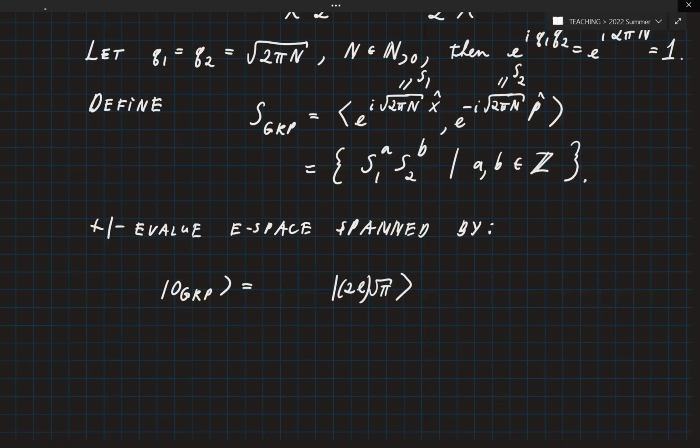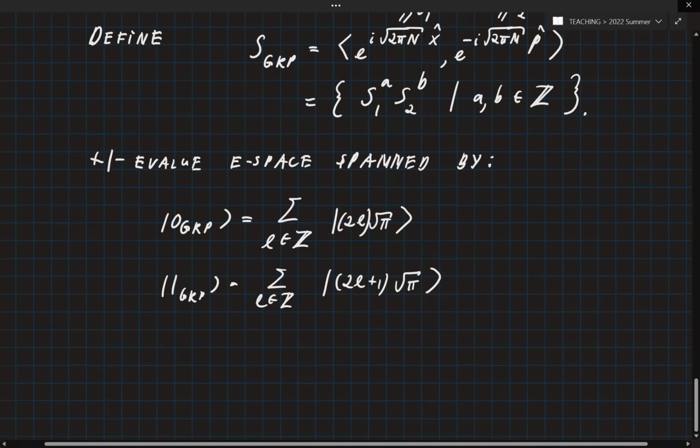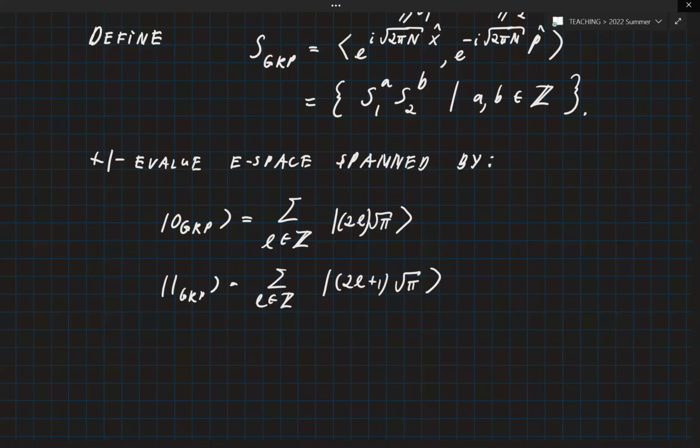So this one is going to be all even multiples of square root of pi, and this one will be all odd multiples. So these states respectively consist of position states labeled by points on two alternating 1D lattices whose points are spaced apart by 2 square root of pi. I'm sorry, I made a mistake, not square root of pi, 2 square root of pi because of the 2.